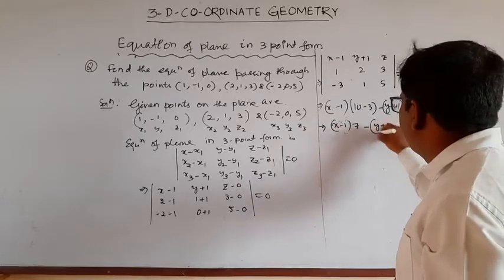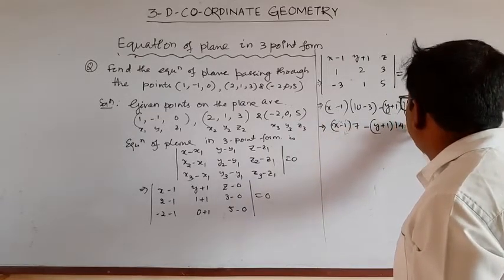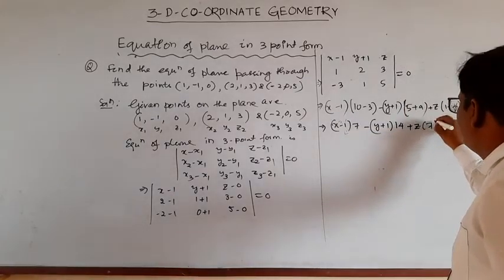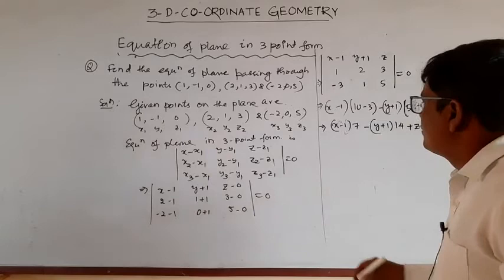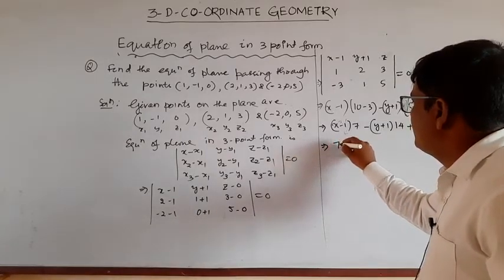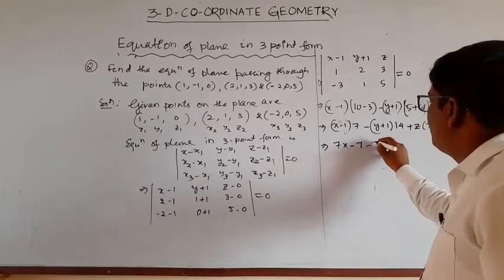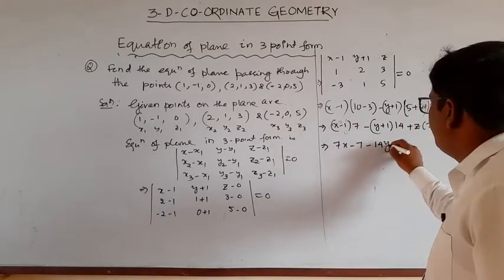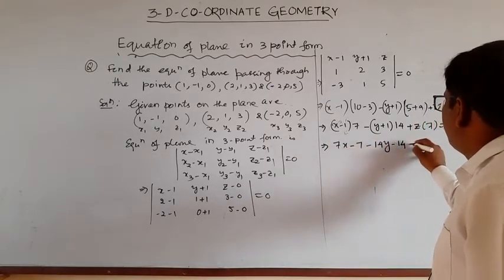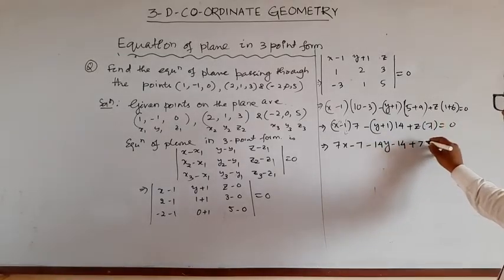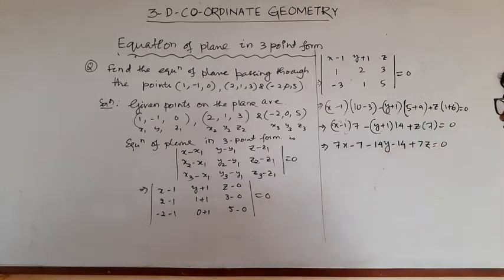Y plus 1 into what? 14. Z into what? 7 is equal to 0. So this is 7x minus 7 minus 14y minus 14 plus 7z is equal to 0.